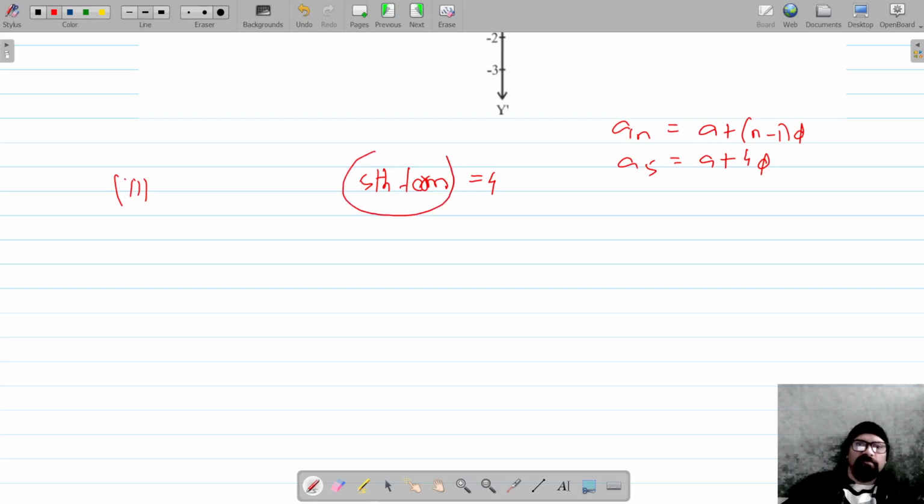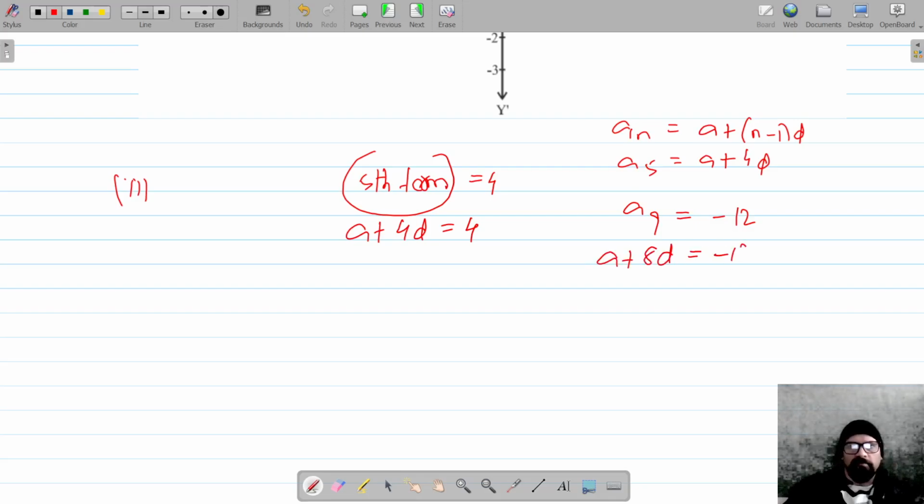So for the fifth term I can write a plus 4d is equal to 4. Similarly, the ninth term is negative 12, and can be written as a plus 8d is equal to negative 12.